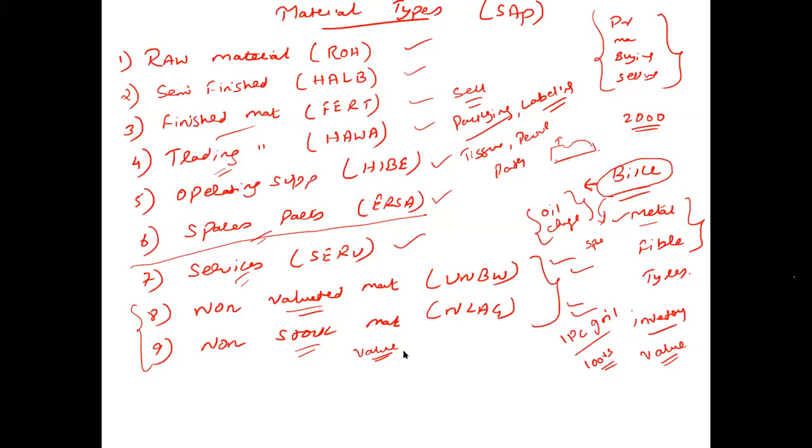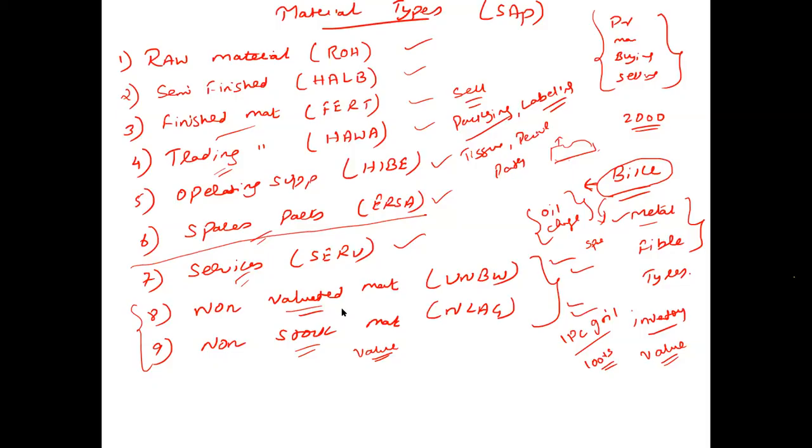Yeah, understand one thing in a simple way. We'll go deeper in some time. Whenever we create a non-stock material, understand in a simple way that you are going to pay the vendor, but you are not getting stock for that amount. That is non-stock material. In the non-valued material, you are getting the material, but my material does not have any value.